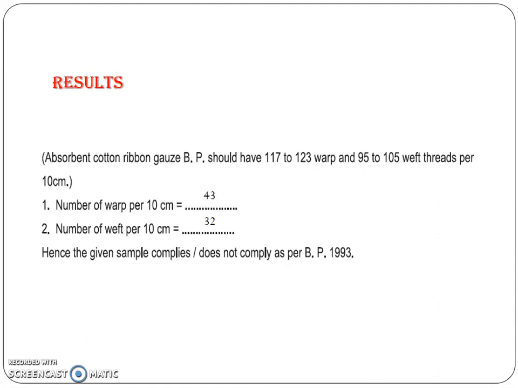We got this reading for the width and length of our absorbent ribbon gauze, which is 5 centimeter in width. So we got this reading according to 5 centimeter: number of warp per 5 centimeter is 43, and number of weft per 5 centimeter is 32. Hence the given sample complies as per BP 1993.